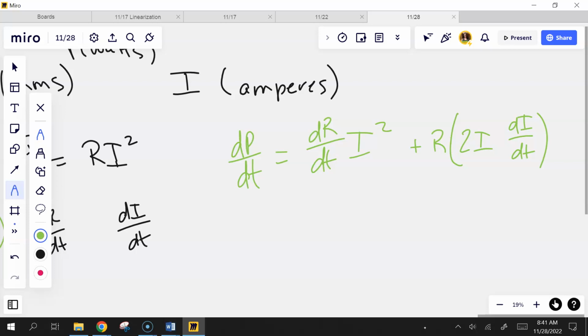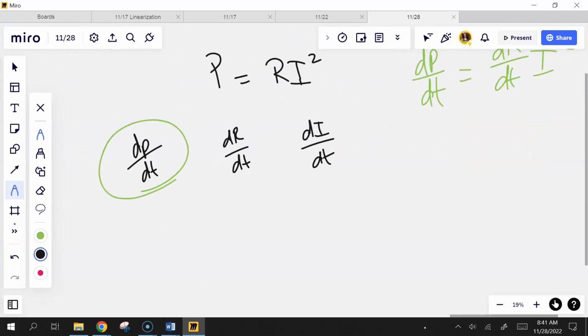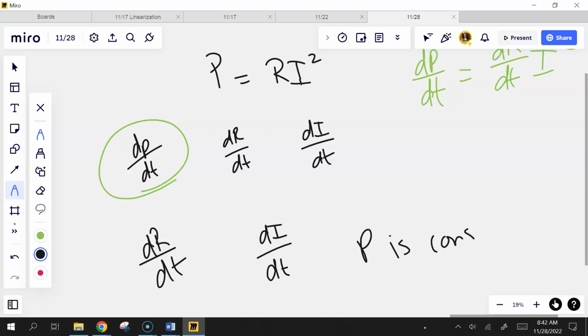Part B. How is dR/dt related to dI/dt if P is a constant? What changes now?